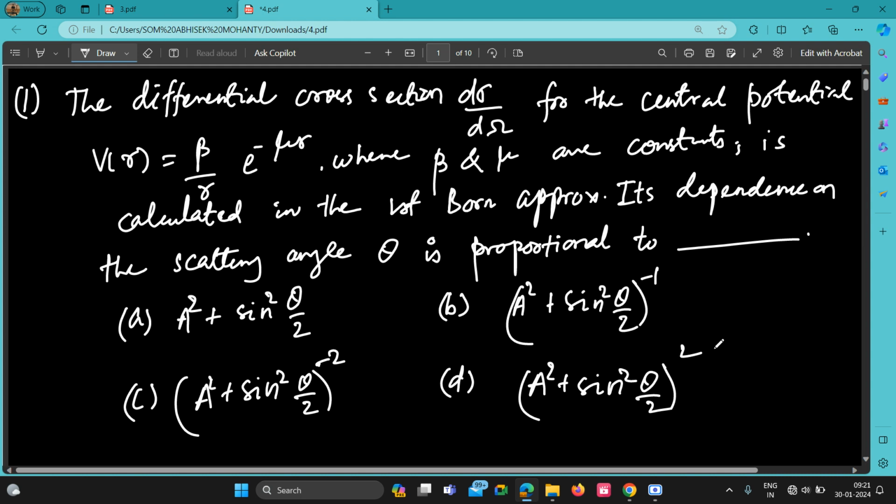So how to calculate this term? Let's see.